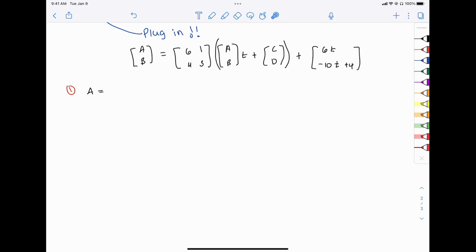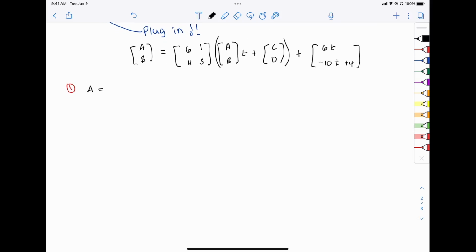And then we'll do plus 6 times c plus 1 times d. If you remember how to multiply out matrices, I would definitely go back and take a look at that. So yeah, let's just keep chugging on forward here.